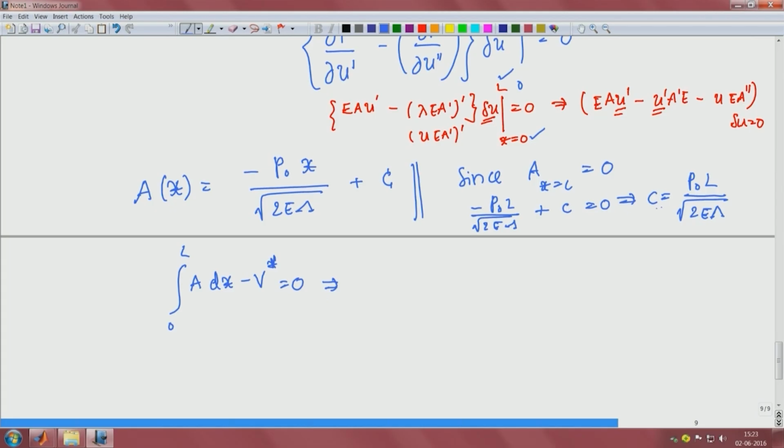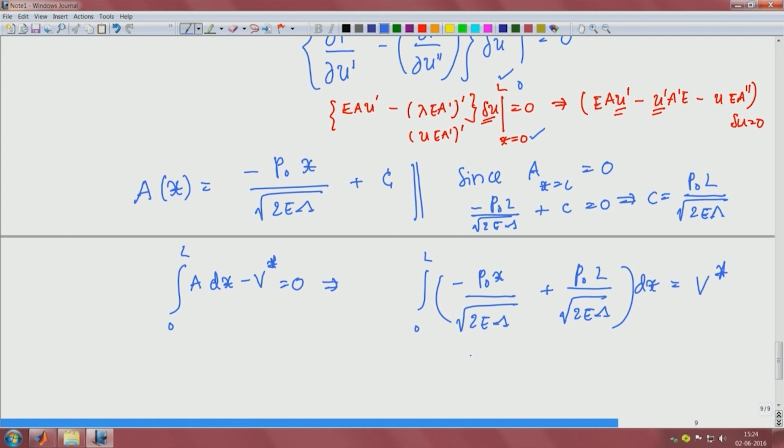Then we substitute this A that we got, which is integral 0 to L of minus P naught x divided by square root of 2 E lambda plus C that we just got now, P naught L by square root of 2 E lambda, dx is equal to V star. From here we can get this lambda. You substitute there, you get the answer.